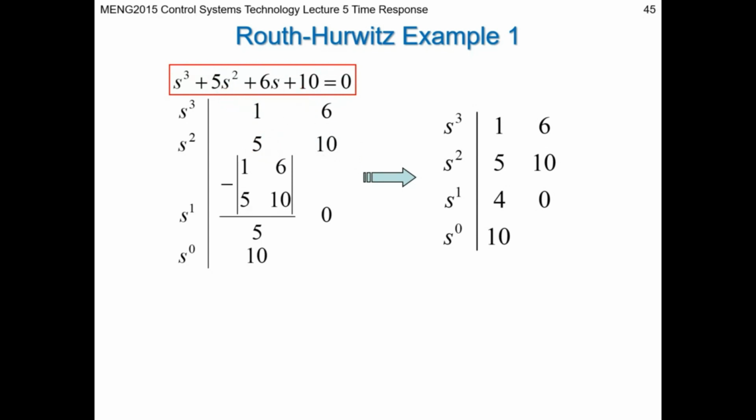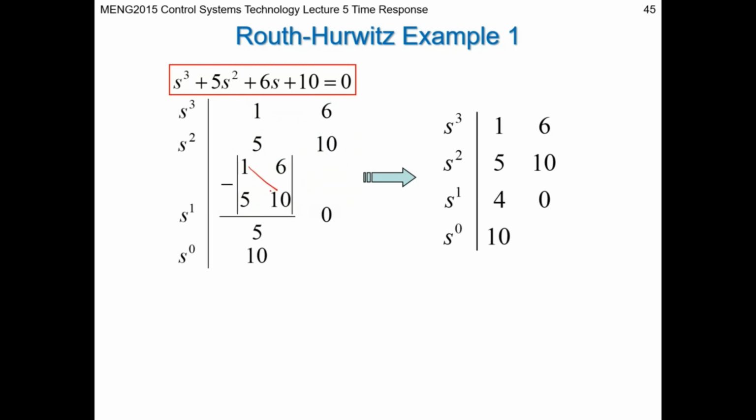Now the rest of the rows are established by calculation. The first term in the third row is the determinant of the first two rows above the first column and the column above and to the right, which forms the 2 by 2 matrix to get our determinant, and we're going to divide by our 5, the bottom left term in our matrix.